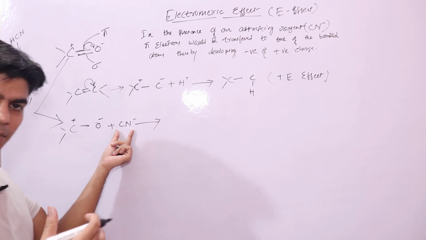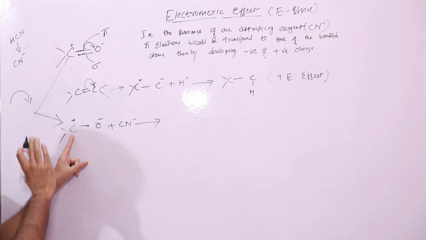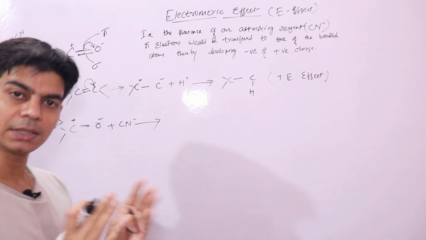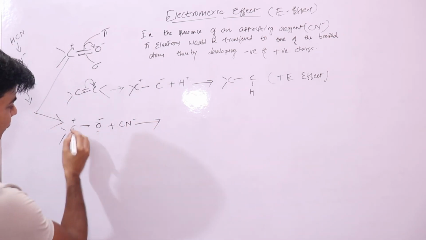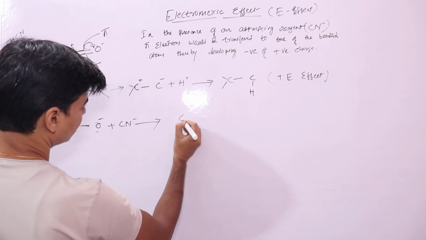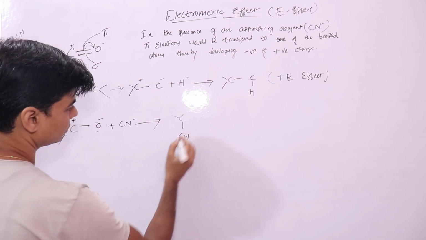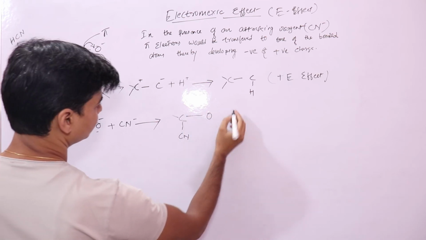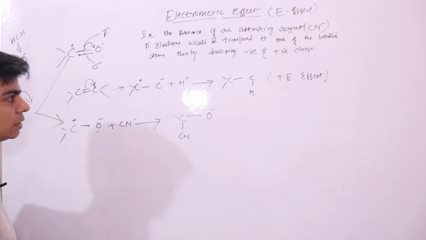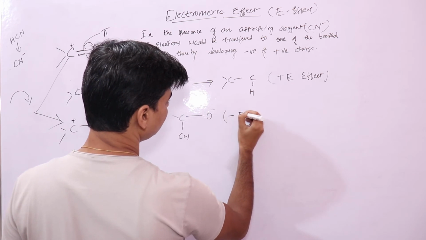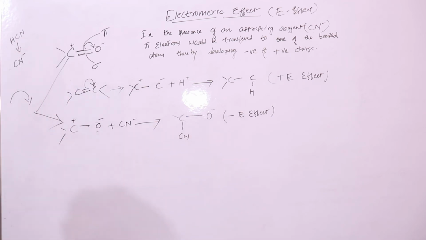Now if the attacking reagent gets attached to the atom that has a positive charge, or the atom that has not received the pi electrons, because here the pi electrons are received by the oxygen atom, this is your minus I effect. This is how it looks, and this is your minus E effect.